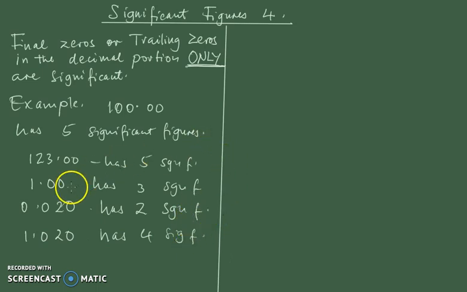Now, if we write these numbers in standard form, for example, 100.00 can be written as 1 times 10 power 2 if we require 1 significant figure.